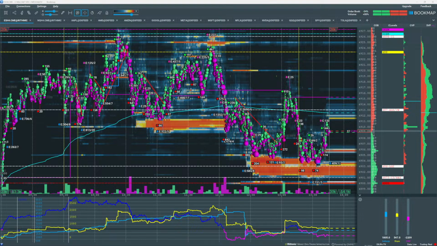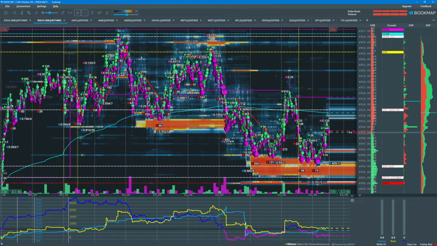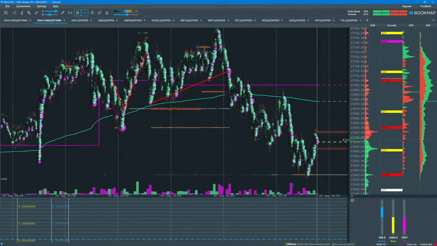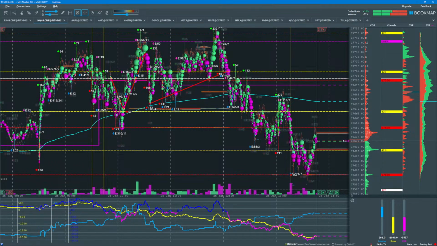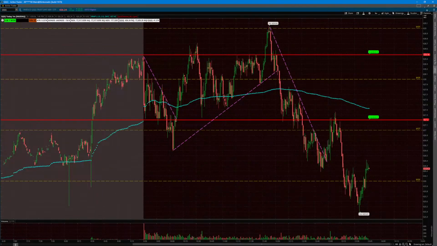All right, so those are the levels in play for the S&P 500. Let's take a look at NASDAQ. This is the NQ futures in Bookmap. And before I take a closer look at this chart, I do want to take a look at a QQQ chart so we can isolate the levels in play.